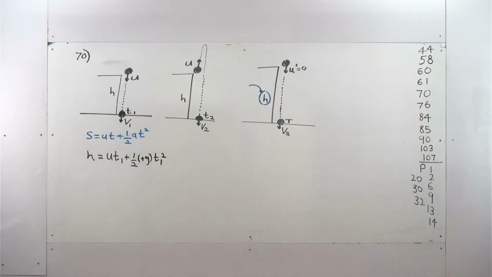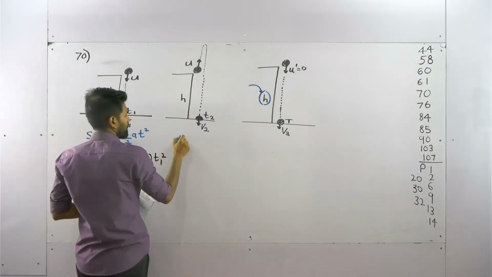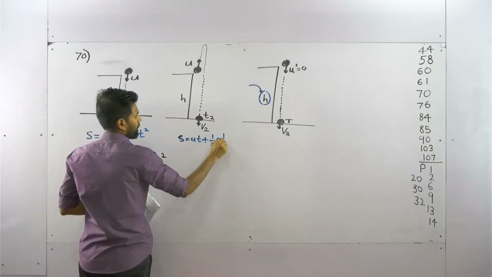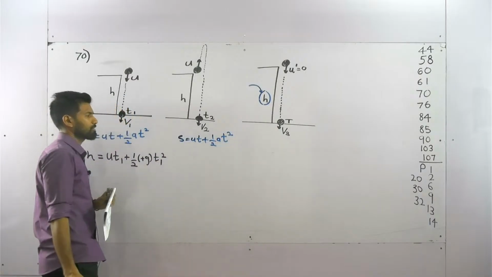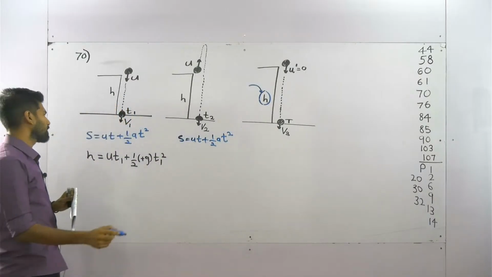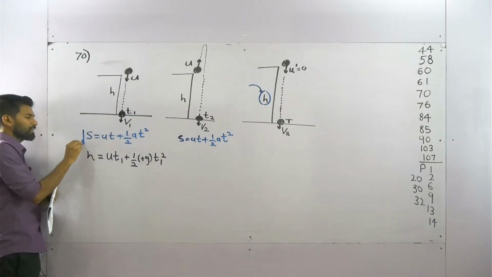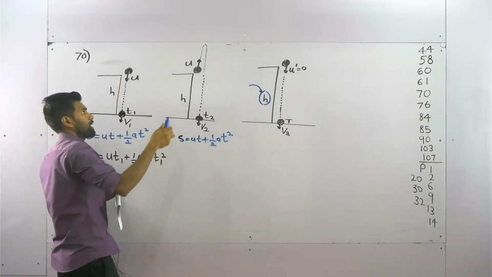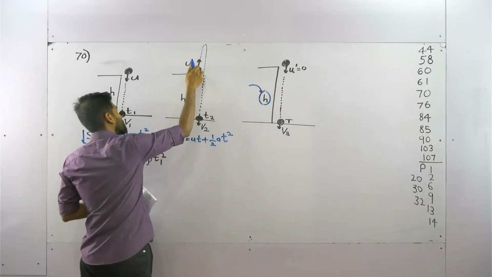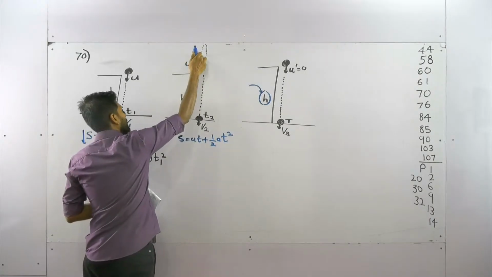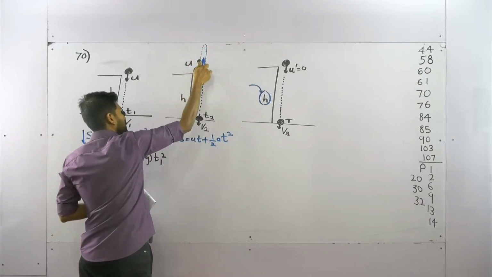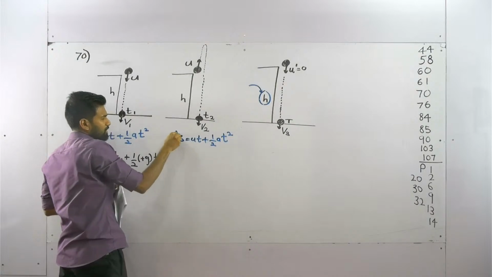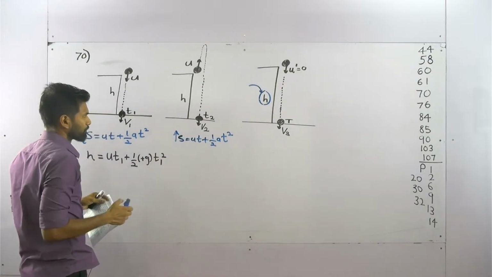Then again I'm applying s equals ut plus half at square. Initially I applied it downwards as the object was coming downwards from the beginning. But here the object moves upward first, then turns back and comes down after the highest point. So I apply s equals ut plus half at square upwards.